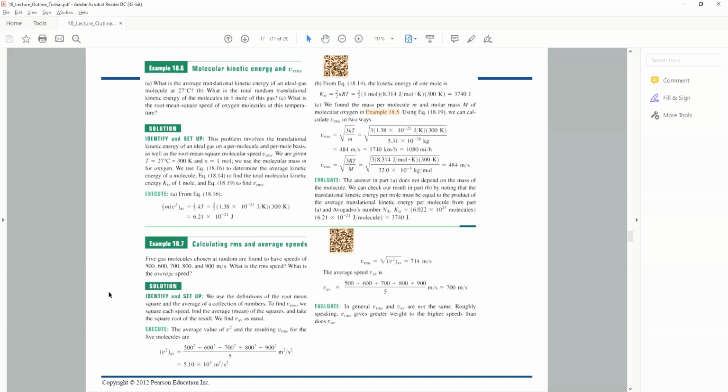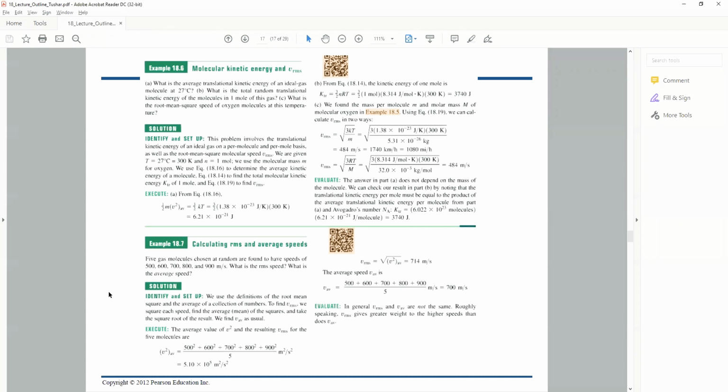Convert that to Kelvin: 27 plus 273 is equal to 300 Kelvin. Multiply all the values and you get the average translational kinetic energy of a molecule, 6.21 times 10 raised to negative 21 joules.